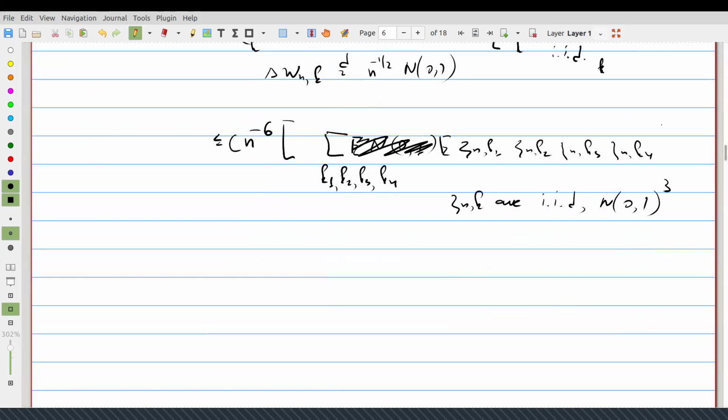So the order of this sum, if all are equal, is given as just n.